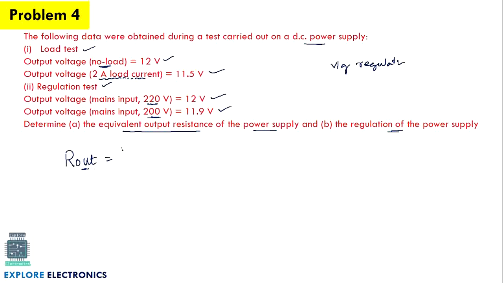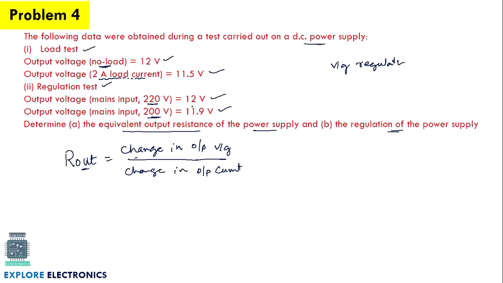Here we need to take the change in output voltage to the change in output current. Since this is a power supply where the tests are done and there is a variation in the voltage and current, right?